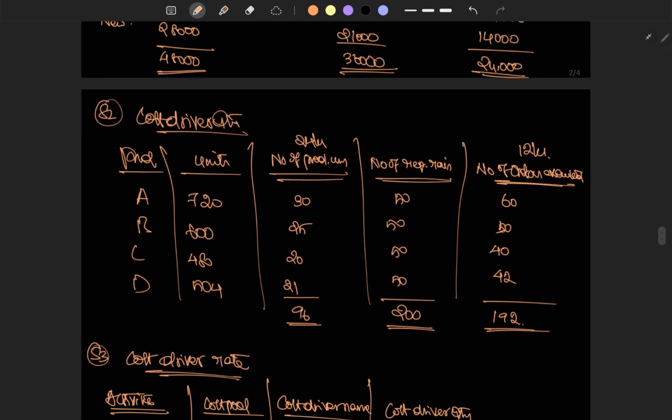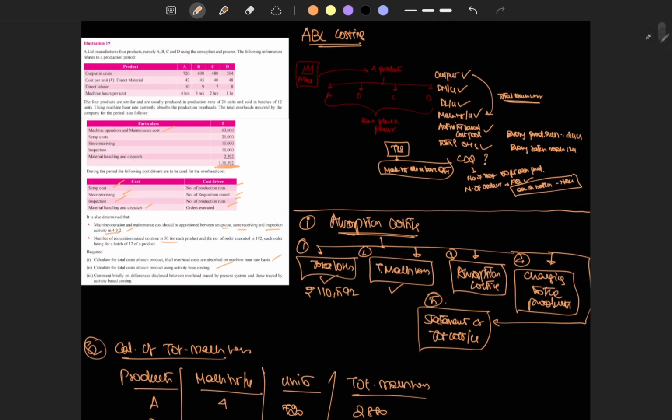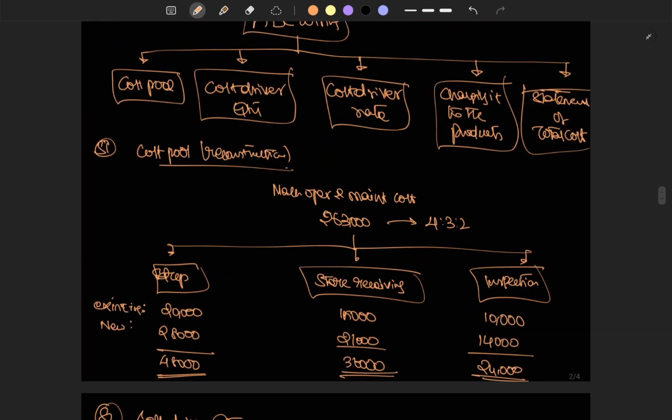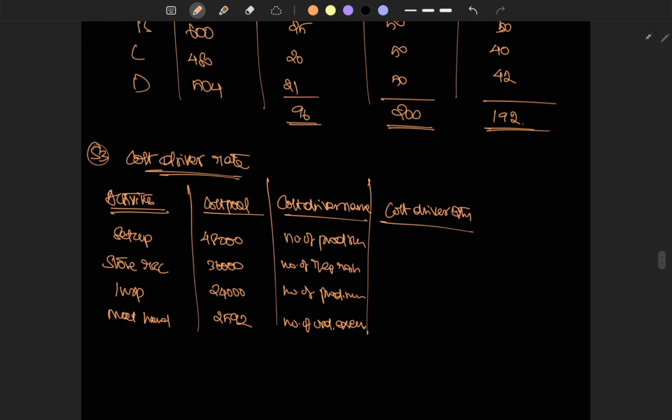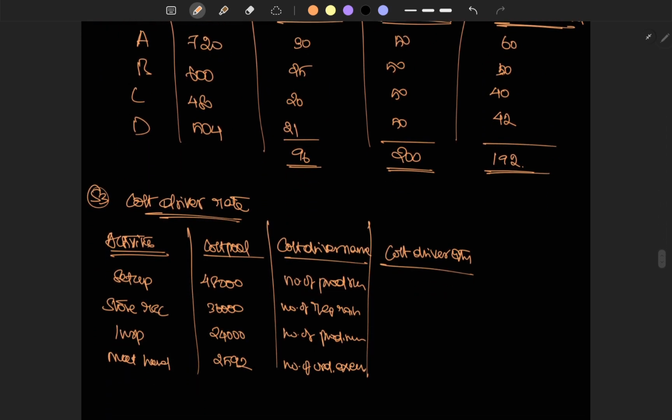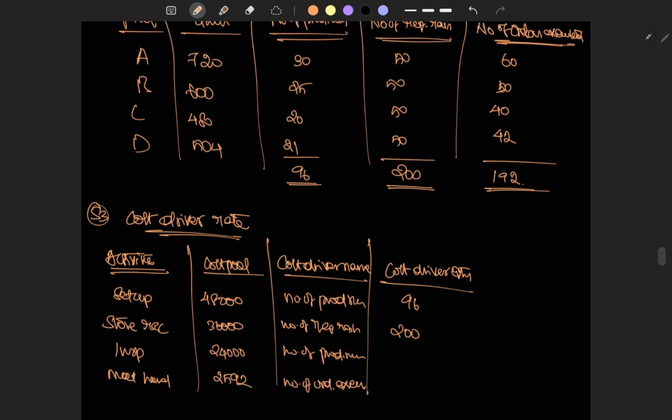For material handling and dispatch, number of orders executed. So we have to find out the totals: 96 for number of production runs, 200 for number of requisitions raised, again number of production runs is 96, and the number of orders executed is 192.